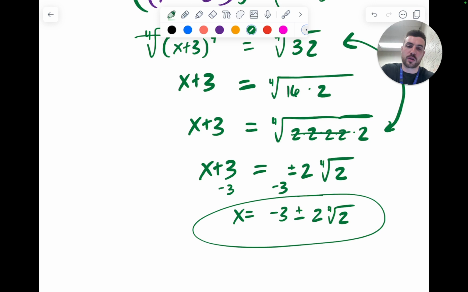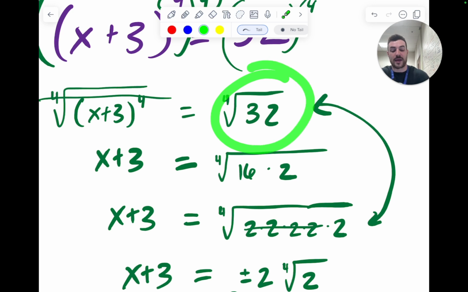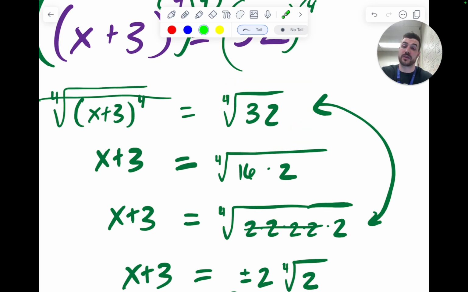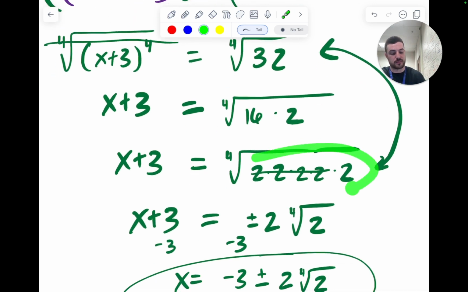So it's a little bit more confusing in this case, mainly because my radical did not completely simplify. That kind of confused things for us and required us to break down that value to search for, in this case, groups of 4. Second of all, because the exponent was even, I needed a plus and minus.